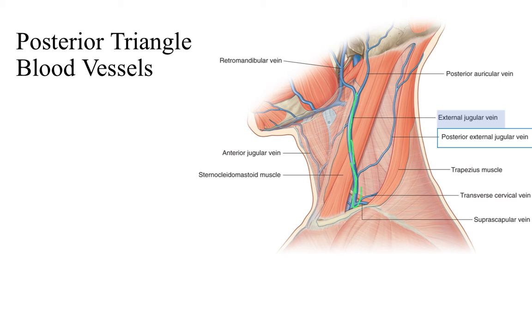So here we see that space that's in the posterior triangle right here. And then branches are coming into the external jugular vein from areas that are within the posterior triangle. One example of that is the posterior external jugular vein.